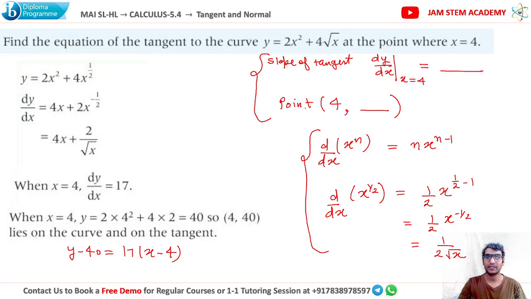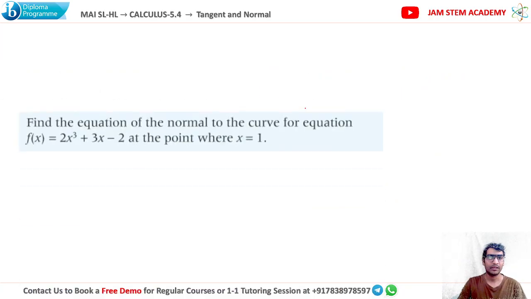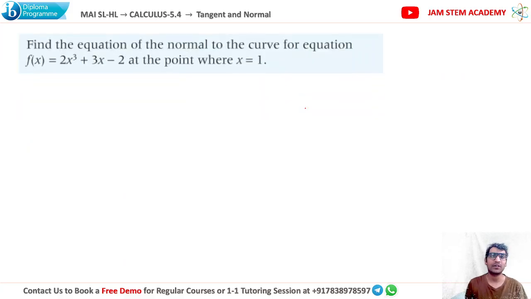Similarly, let's solve a question in which we have to find the equation of normal also. Here is the question. It says find the equation of the normal line to the curve 2x cube plus 3x minus 2 at the point where x equals to 1. Again, we need only those two things. First is we need the slope of normal line.